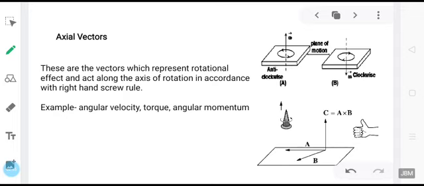About this axis there can be an anti-clockwise rotation or a clockwise rotation, both can be imagined, and it is in accordance with Maxwell's right-hand screw rule. Examples of axial vectors are angular velocity, torque, and angular momentum. A vector having an anti-clockwise or clockwise rotational effect will have its direction along the axis of rotation, as you can see in the picture.